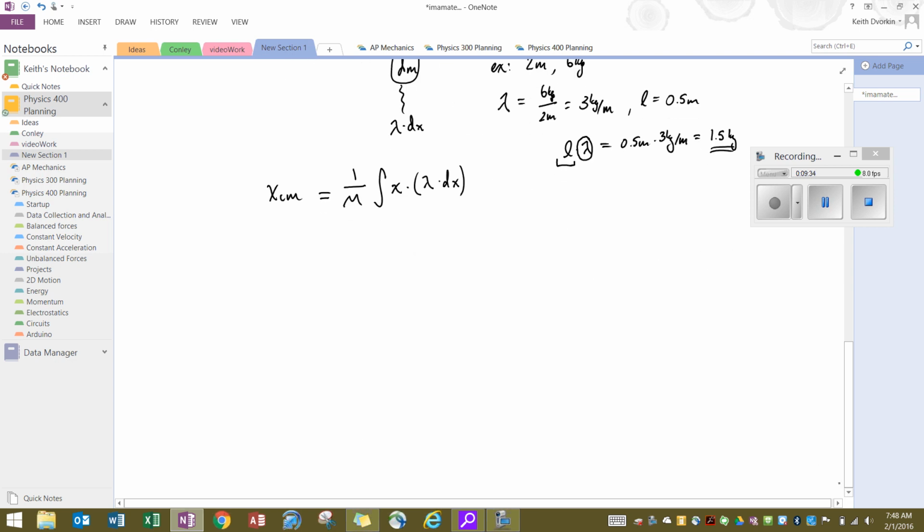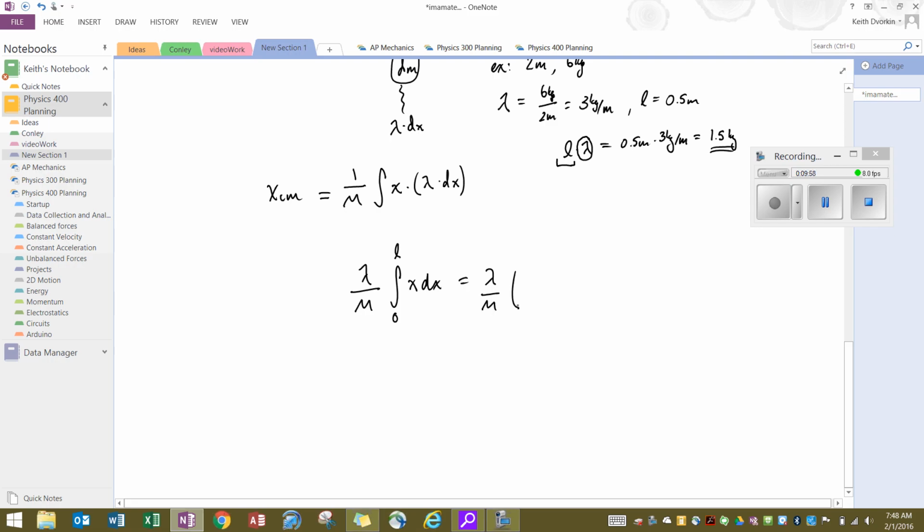Okay, now this integral is going to be pretty easy to do because lambda is a constant. So lambda we can pull out to the front. So lambda over m, integral x dx. All right, and we're going to integrate over the whole length of the rod, which we said was 0 to length L. Okay, so lambda over m all stays out in the front.